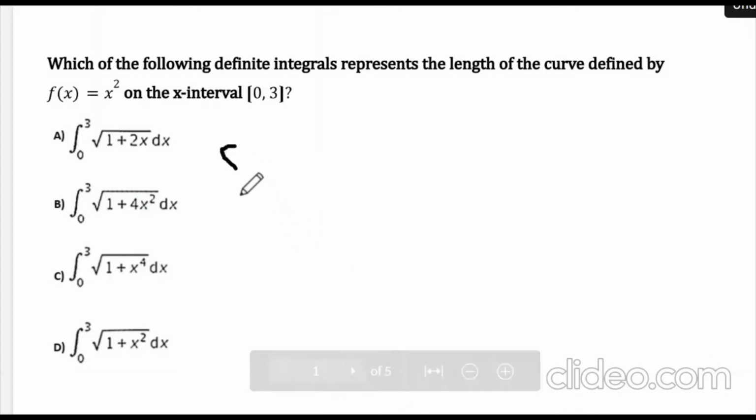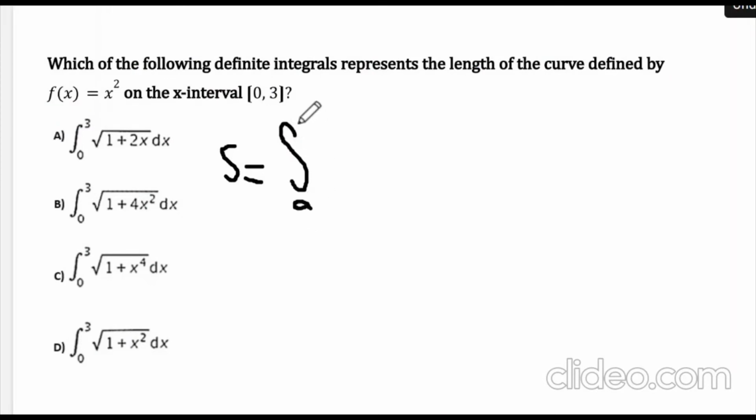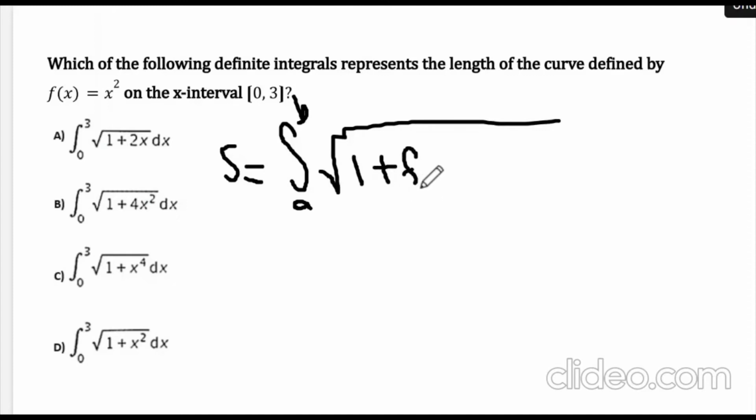S is the arc length. So the arc length equals the definite integral from a to b of the square root of 1 plus f prime of x squared dx.